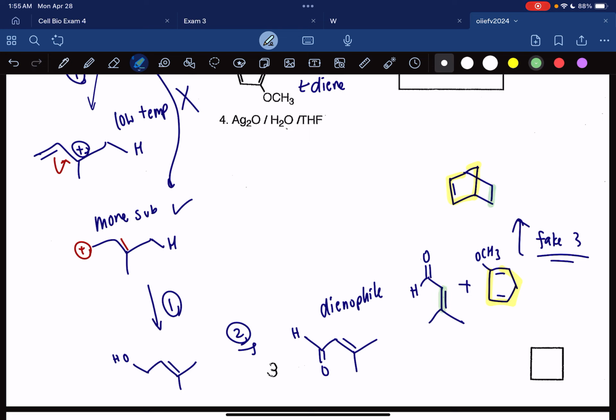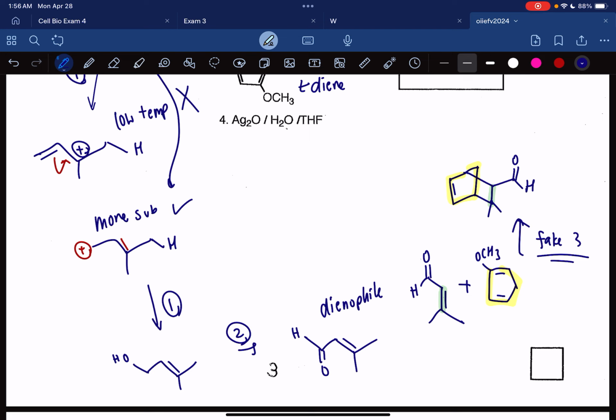And then you have to substitute the groups. So we know there has to be 2 methyls, so let's put those in. So methyl, methyl. And then there's also an aldehyde. So the aldehyde, if you remember, is gonna look like this, right?